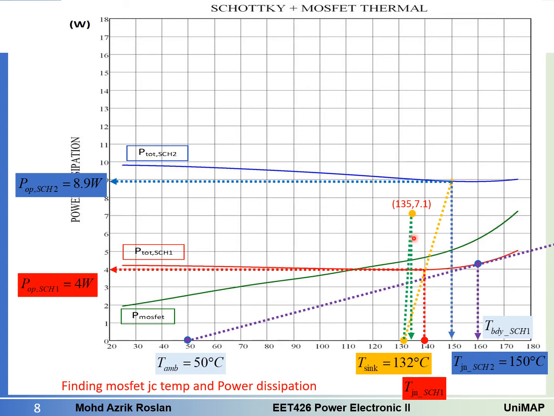This line going down here will cross one point at this Mosfet curve, and at this point we can draw it to the y-axis, and we will find that the power operation during that time is 4.5 watt.